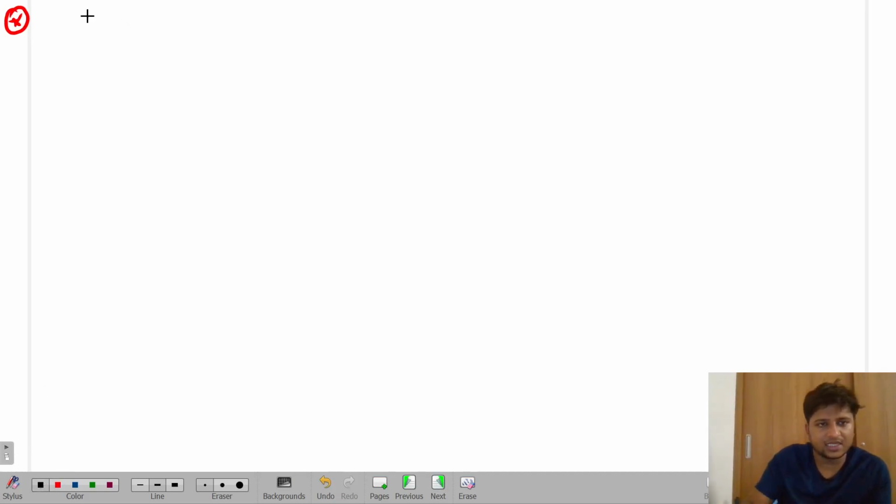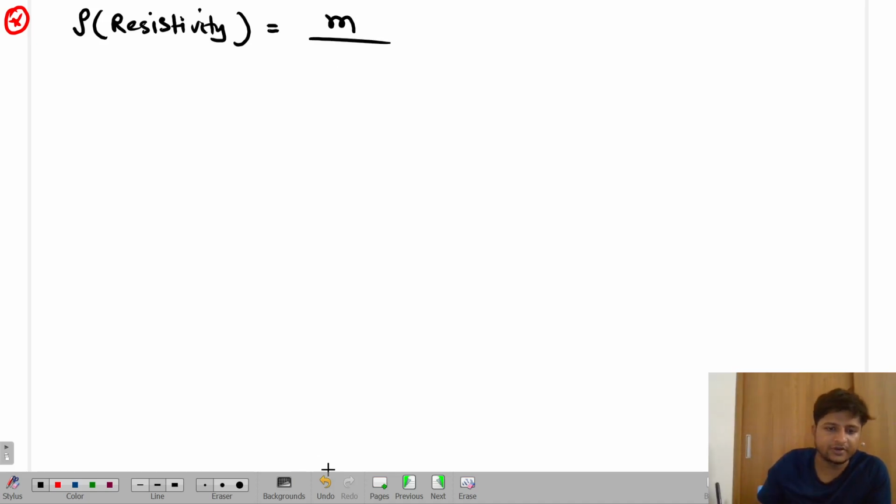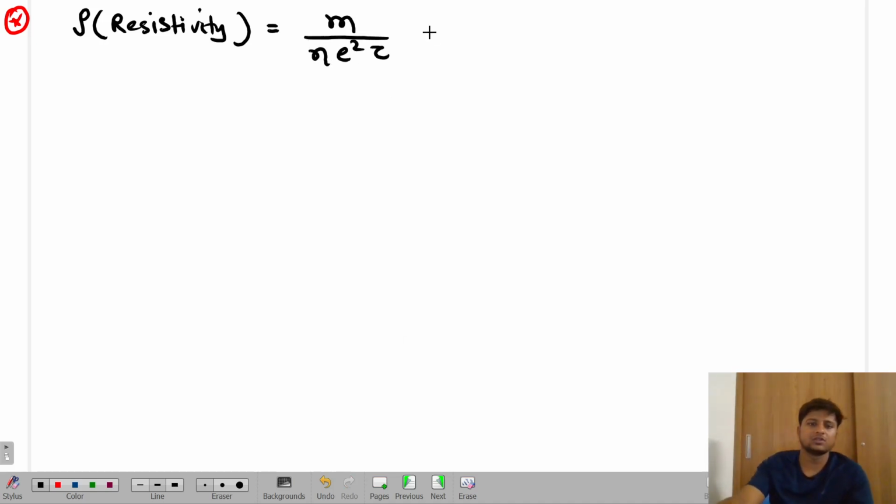So it says that the resistivity relates with our relaxation time as rho = m divided by n e square tau, where n is the number of electrons per unit volume.